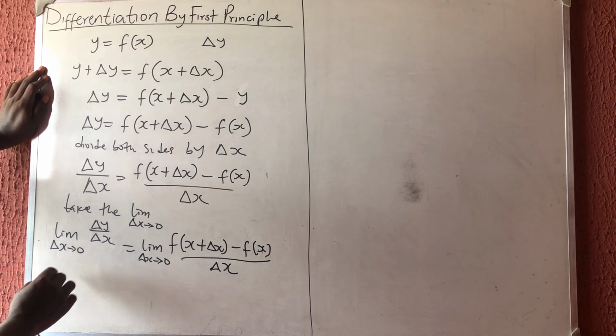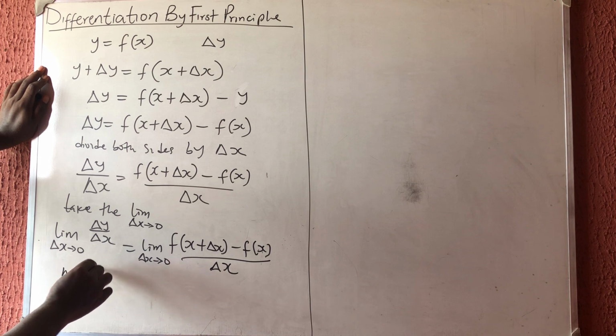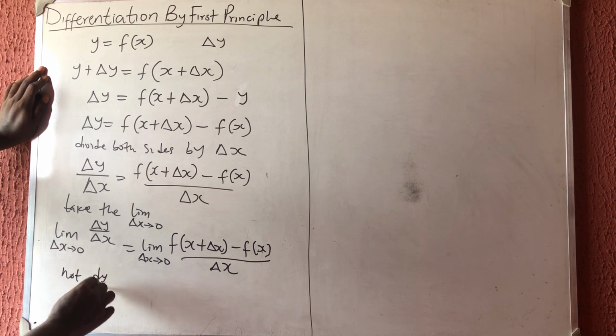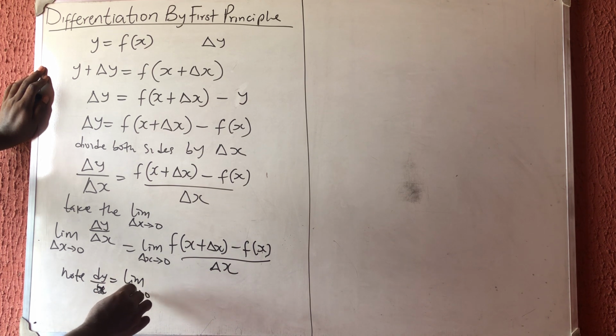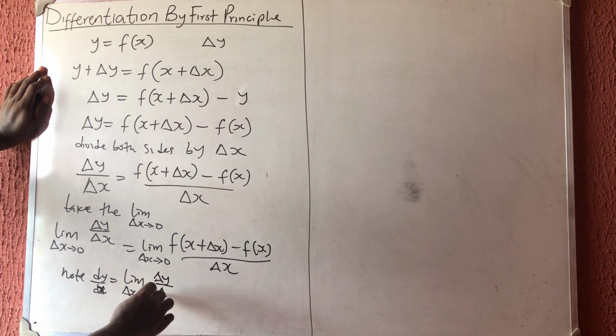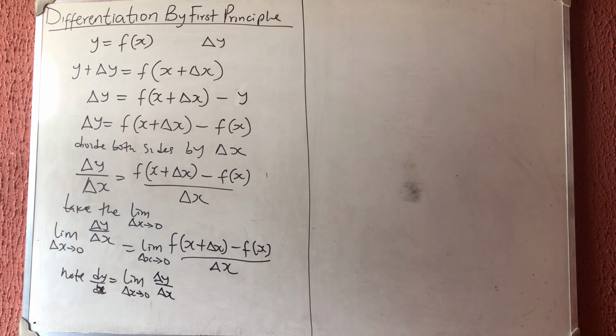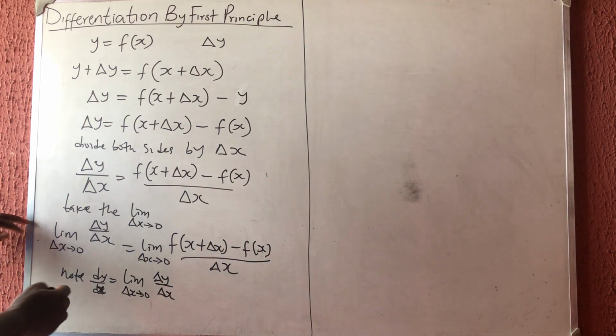So you should note that dy dx is simply the limit as change in x approaches 0 of that change in y over change in x. Therefore, permit me to finish it here.